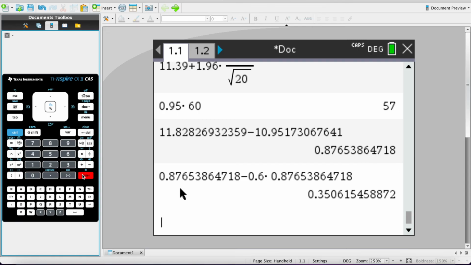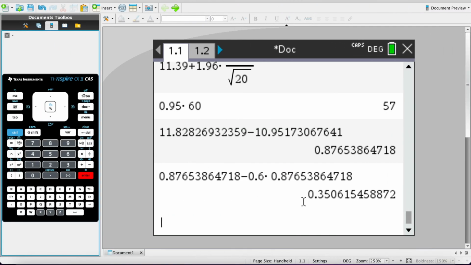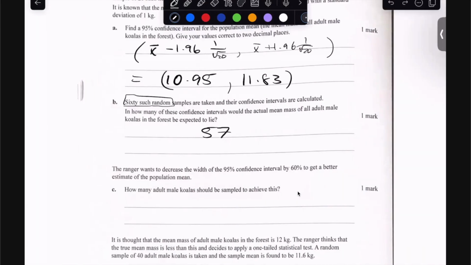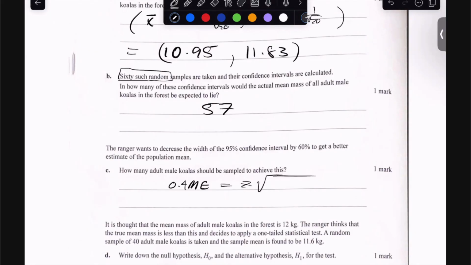So in other words, you can say the margin of error, you want to multiply by 0.4, and the margin of error is z times the standard deviation on square root of n.